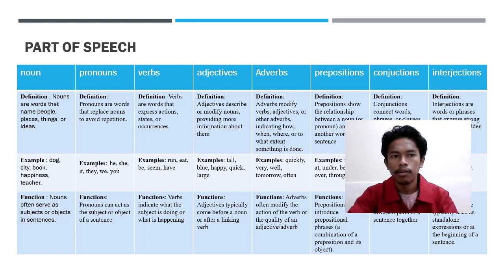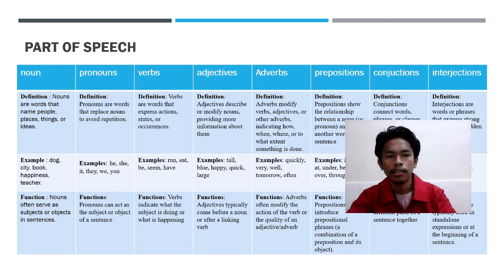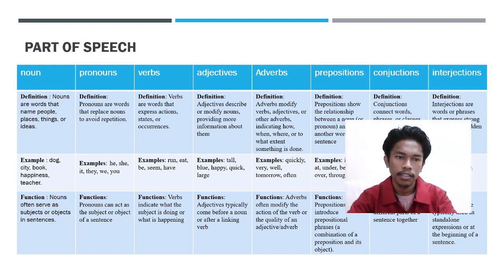Pronouns. Pronouns are words that replace nouns to avoid repetition, you got it right? Examples: he, she, it, they, we, you.